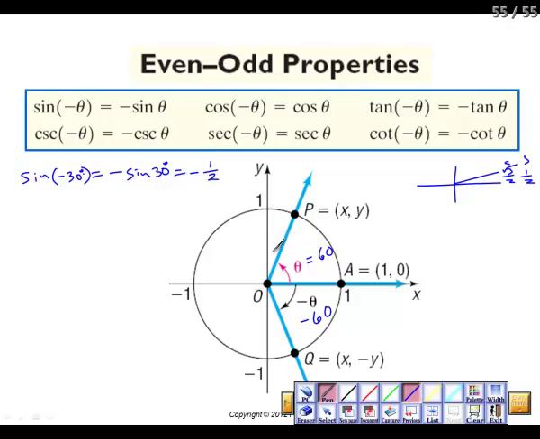Now, cosine is different. Cosine, when you have a negative theta, is equal to positive cosine. So if you have a negative angle, you get a positive cosine. For example, cosine of negative 30 degrees is the same thing as positive cosine of positive 30 degrees, and cosine 30 degrees is square root 3 over 2.